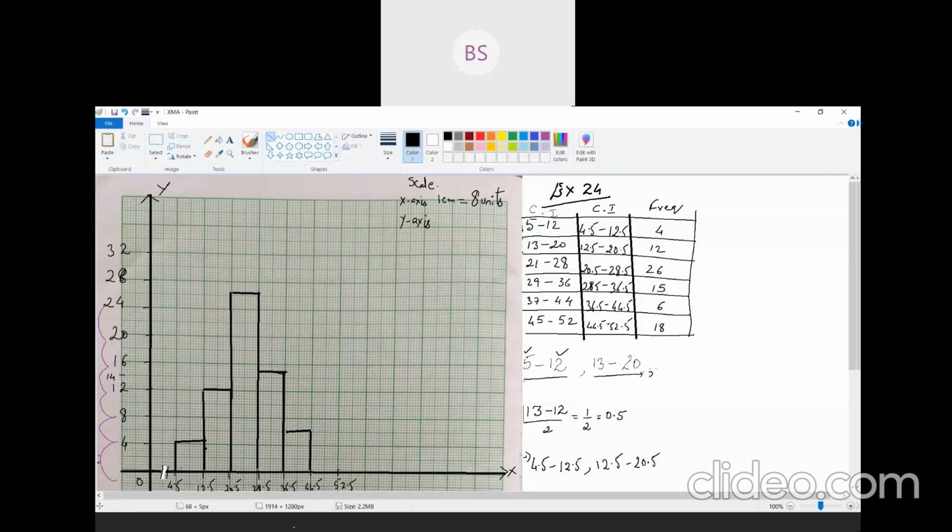And then the last one is 44.5 to 52.5. That is 18. So here, midway between 16 and 20, it is 18. So this will be 18. I hope you have understood how to draw a histogram.